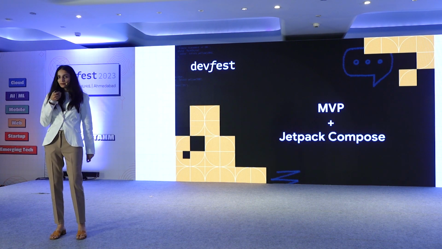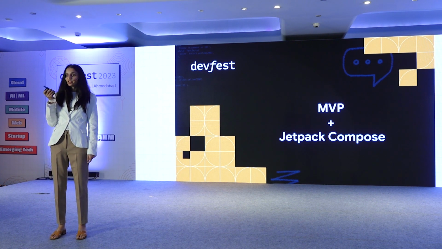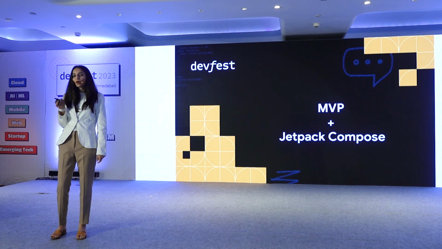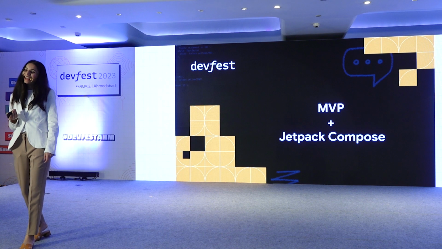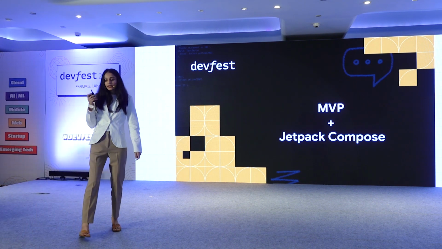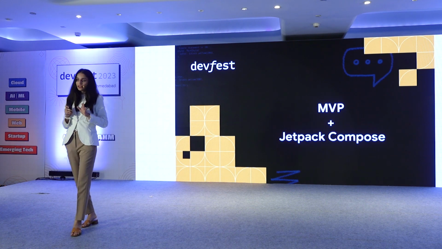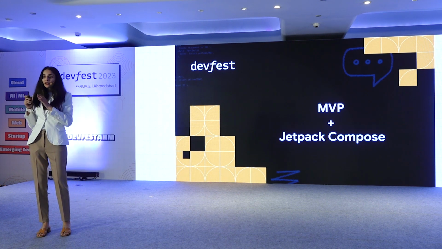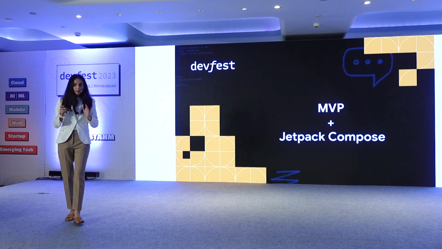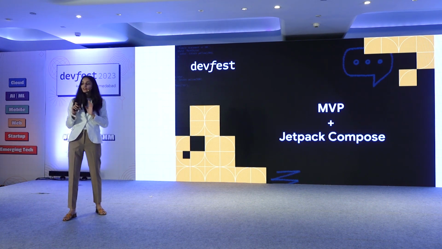MVP and Compose? Yes or no? Why? You say no, but you don't know the reason. Okay, let me tell you. In MVP, to update the UI, the presenter must have a reference to the view. But in Compose, a composable function doesn't return any value.